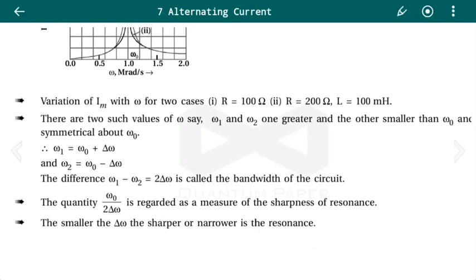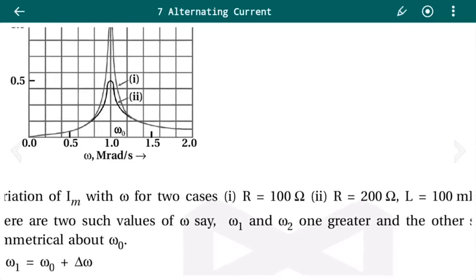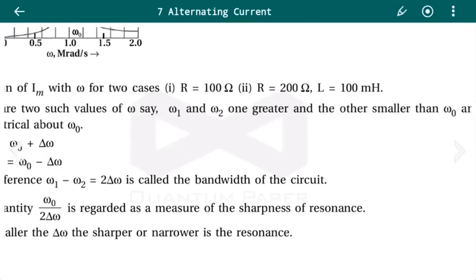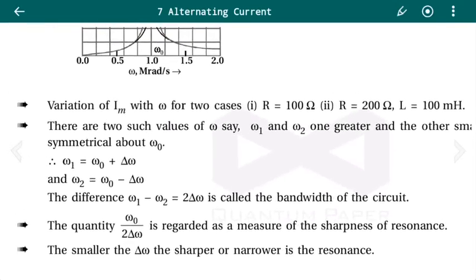Variation of Im with omega for two cases: R equals 100 ohm, R equals 200 ohm, L equals 100 millihenry. There are two such values of omega, say omega 1 and omega 2, one greater and the other smaller than omega 0, and symmetrical about omega 0.